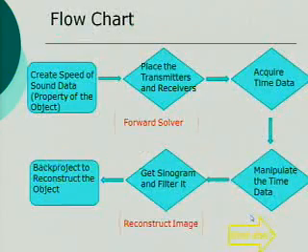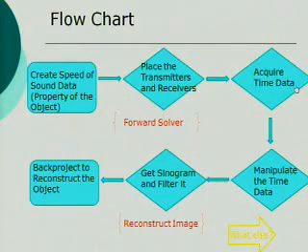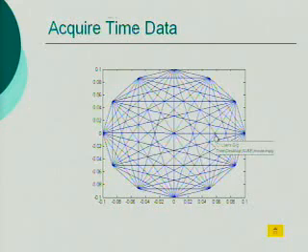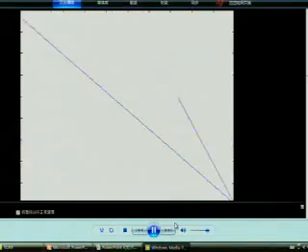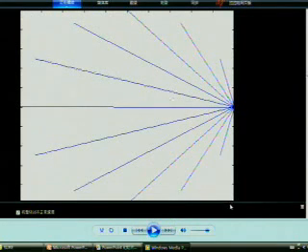After we have the transmitter receiver setup, we can now acquire the time data, and here is how we did it. This one shows that from the first transmitter, it emits sound waves to all the receivers. Then from the second transmitter to all the receivers, from the third one to all the receivers, and so on.